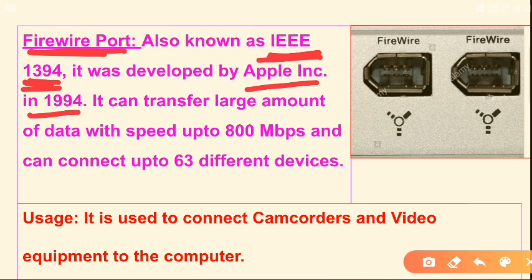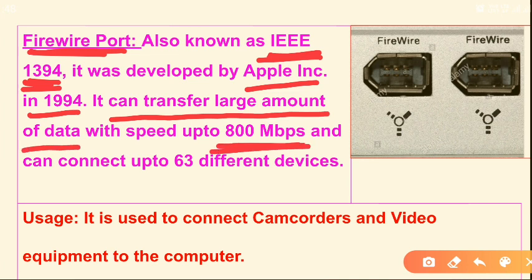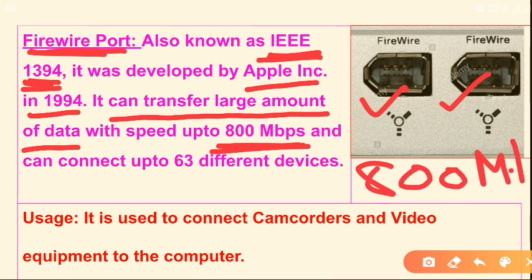And why did Apple develop this port? So that it can transfer a large amount of data with the speed of 800 megabytes per second. That means these firewire ports were so fast in transmitting data that they were able to transmit 800 megabytes per second.